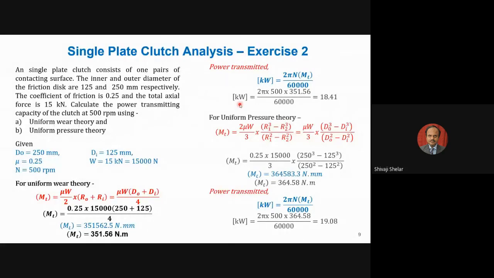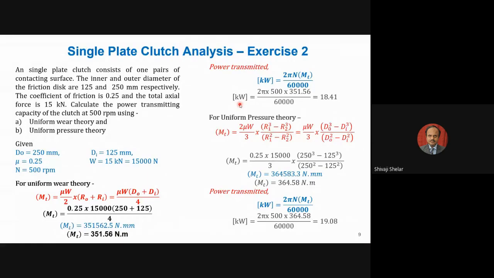If there is an overload, there is a chance the clutch plates may bend or break. So whenever we design any system, we keep one element weak, so that if there is an overload or anything happens, that should fail first. We will not want our gear to fail first.